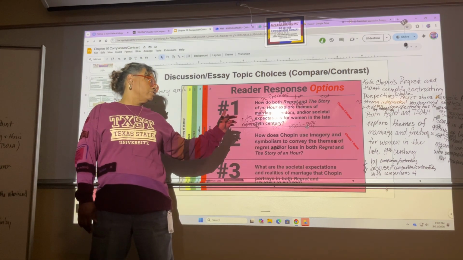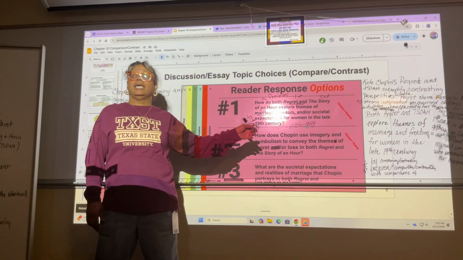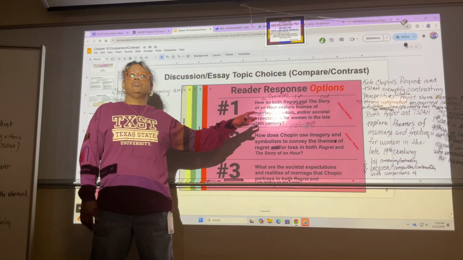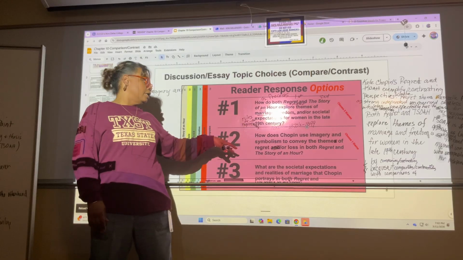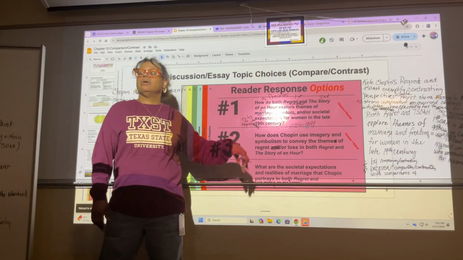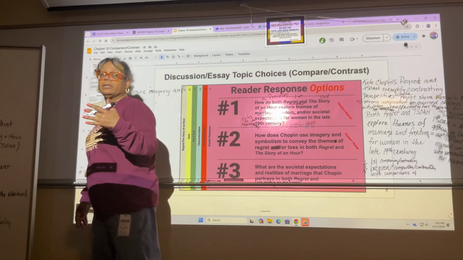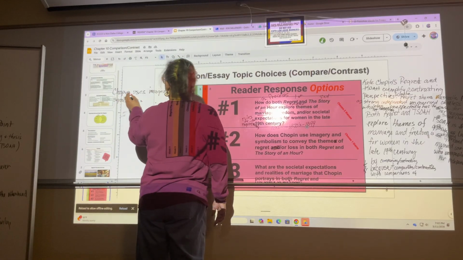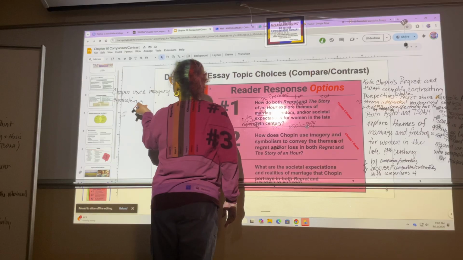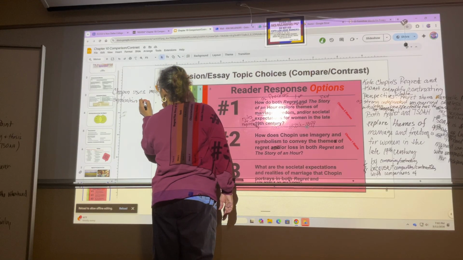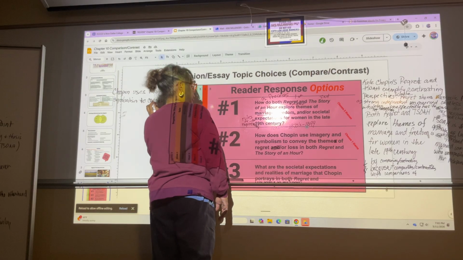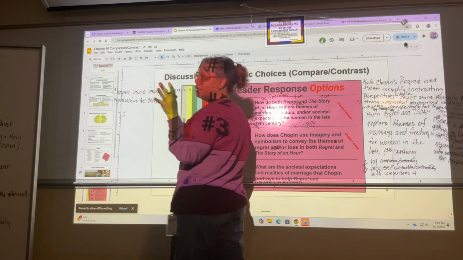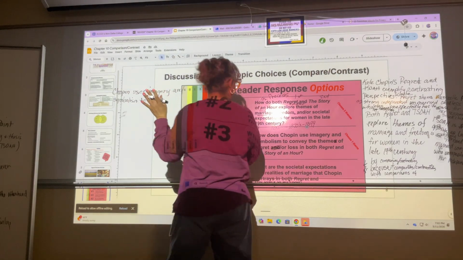So she uses imagery and symbolism to communicate, to tell about, to discuss the theme of regret. We wanna go regret or loss? Regret. Okay. Chopin uses imagery and symbolism to, we can say convey because we're just retyping it, right? Convey, but now we know what convey means, to communicate, to tell us.